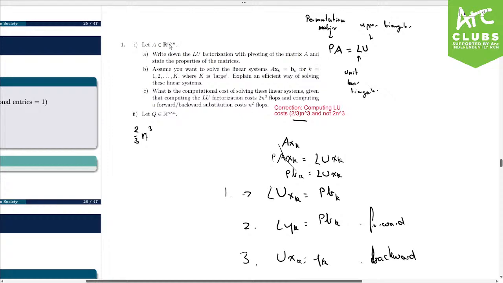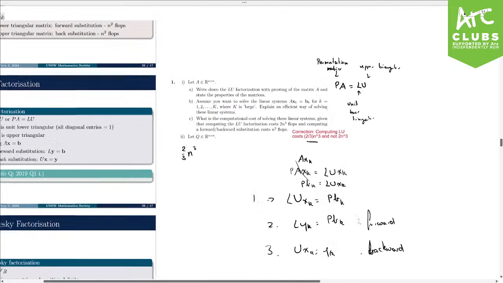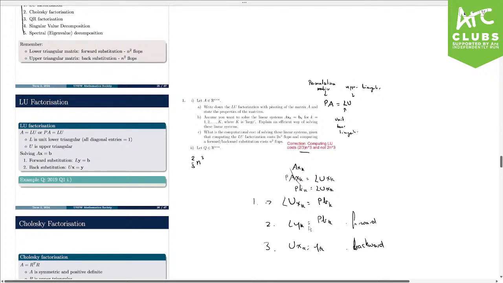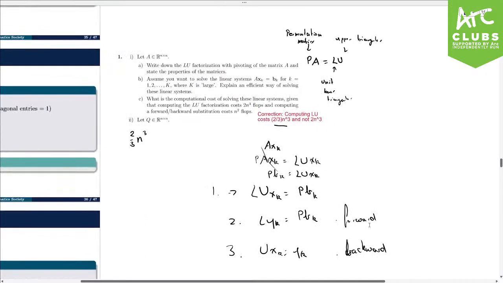So we have an n by n matrix. Each of these steps requires us to do n forward-backward substitutions. So I think we get 2n cubed substitutions in total.